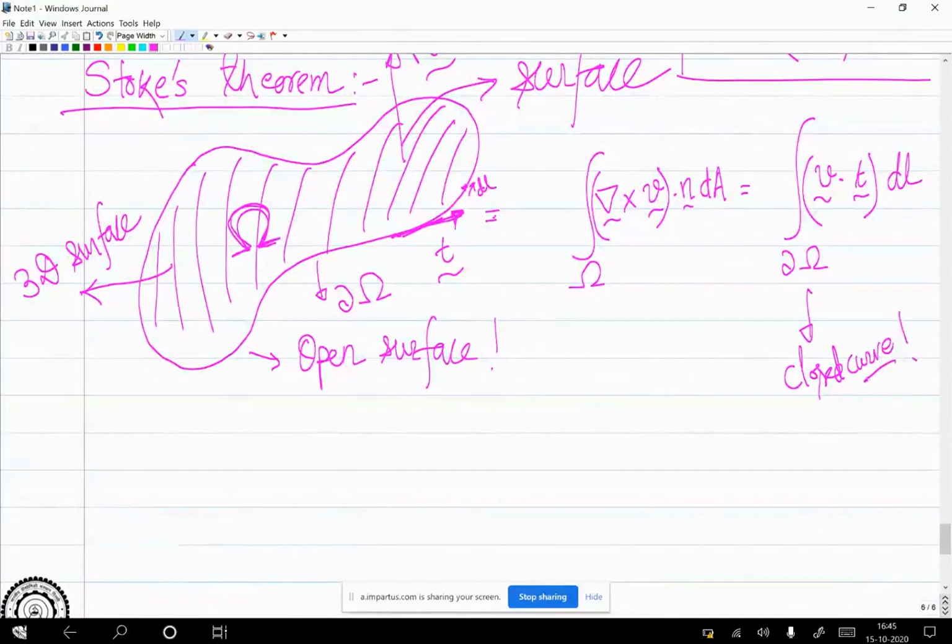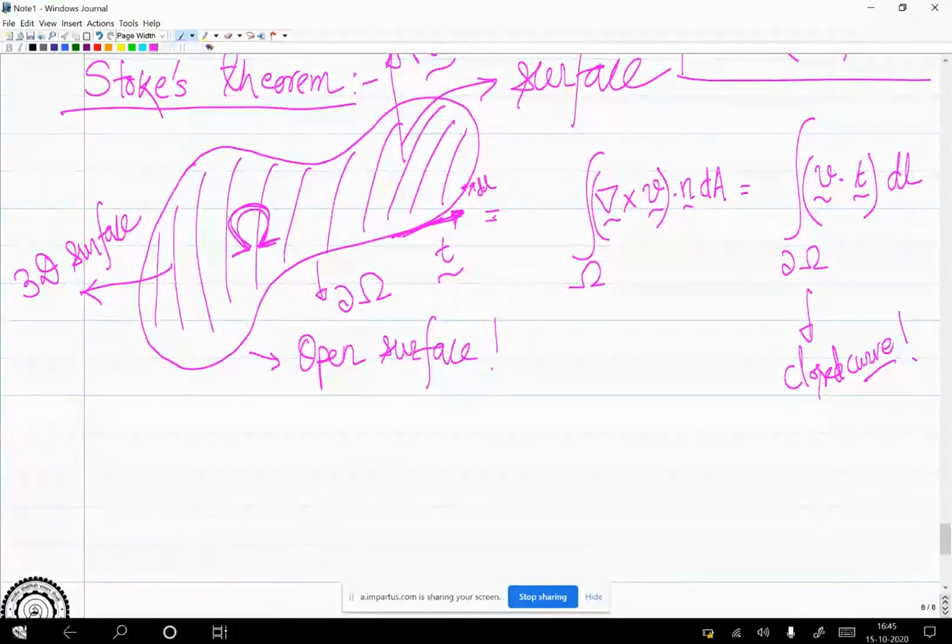All right. So curl of V dot with N dA is this integral. And a very interesting thing about this Stokes theorem is that you see this boundary curve del omega, you can have the same boundary curve for a lot of surfaces.